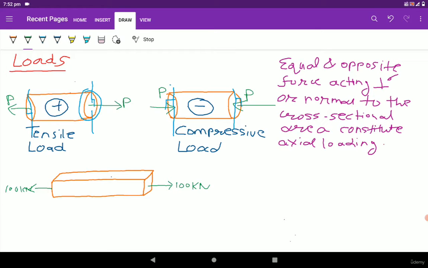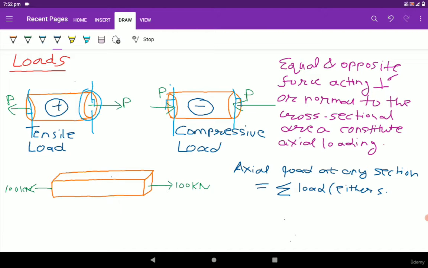So the main concept for calculating the load for any cross section is that axial load at any section is equal to the summation of the load on either side.